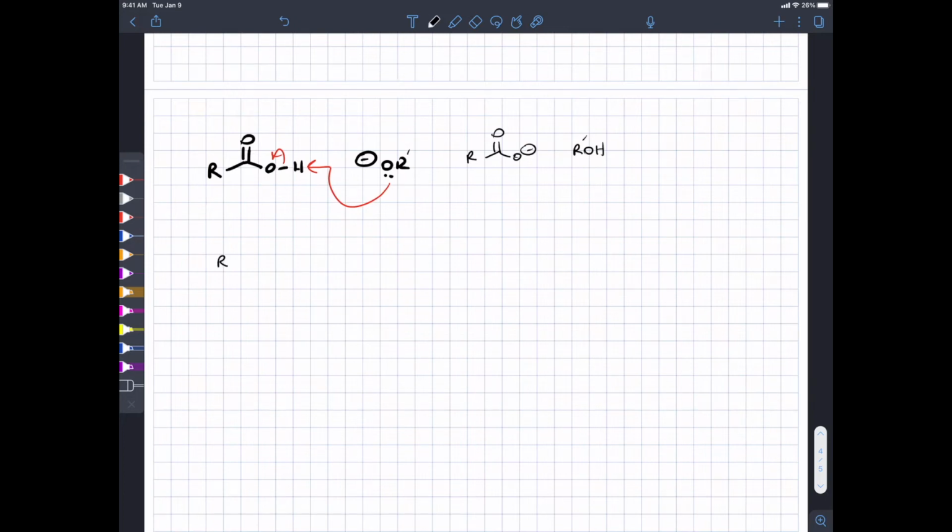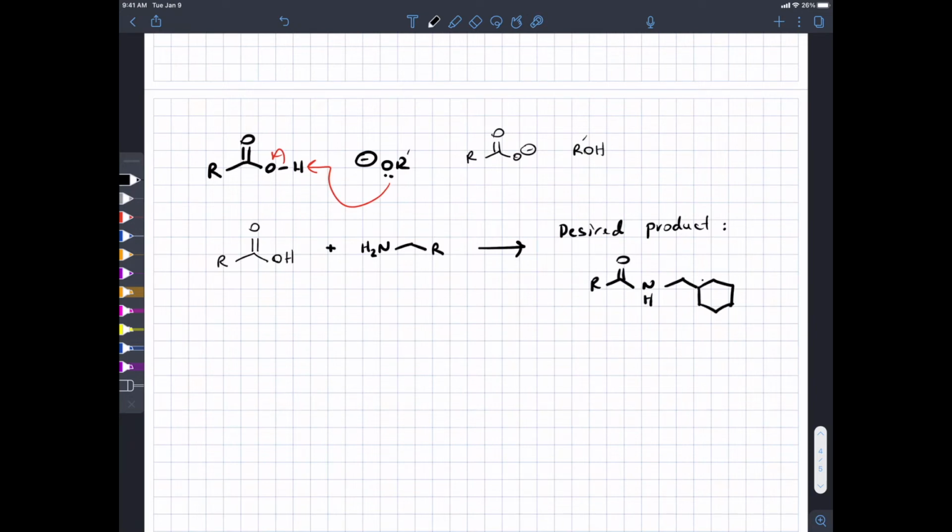Analogously, if you wanted to take a carboxylic acid and then react it with some amine, to get the desired product, the desired product here is an amide, where it's a dehydration type reaction.